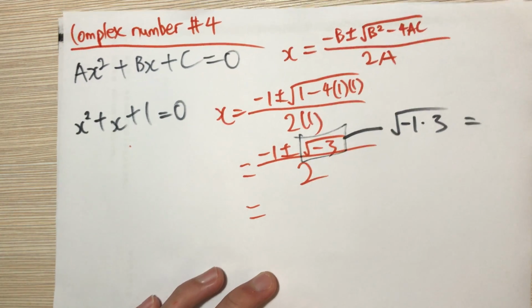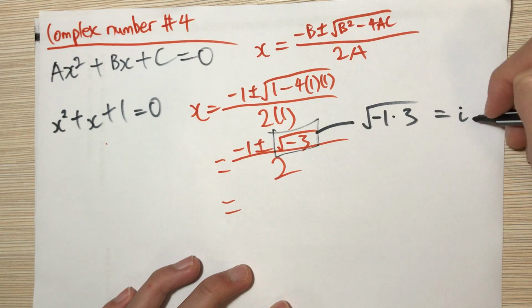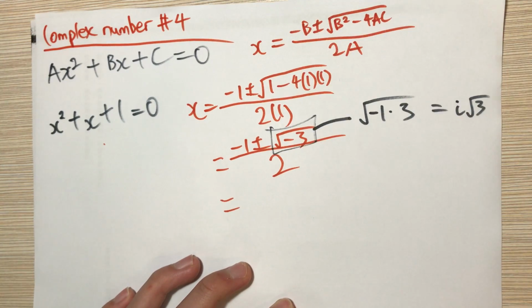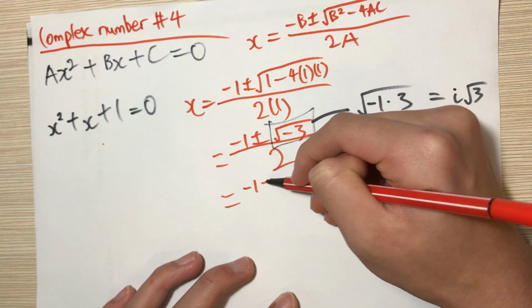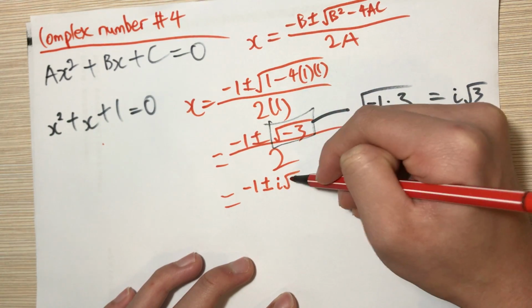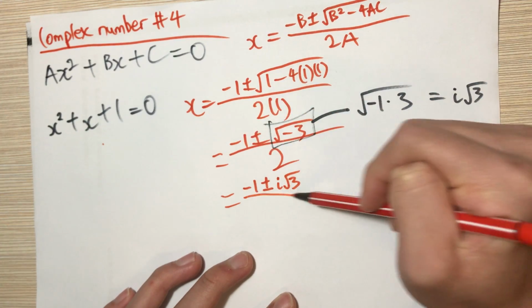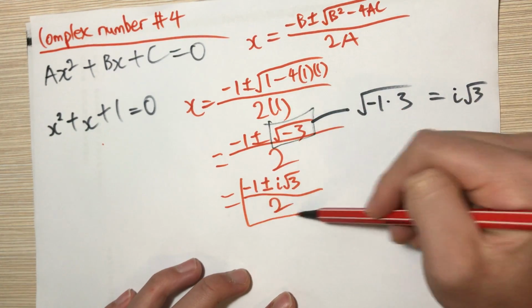Now we can split it into i square root of 3. So we can get the answer -1 plus or minus i square root of 3 over 2. Now this is our answer.